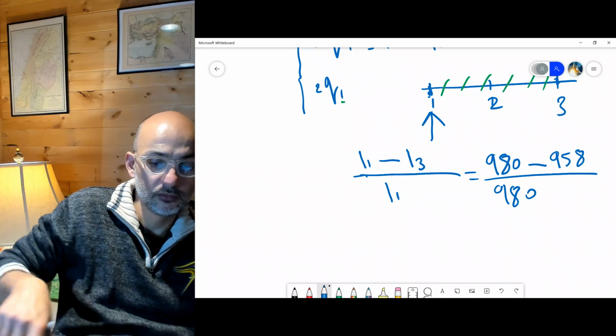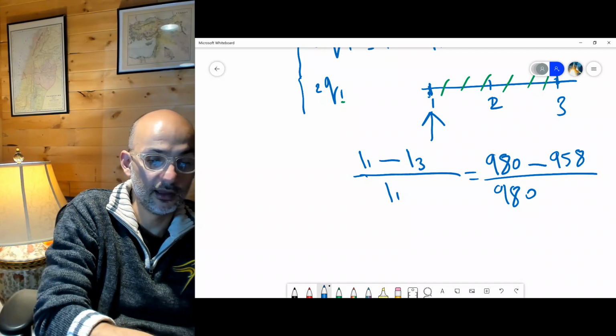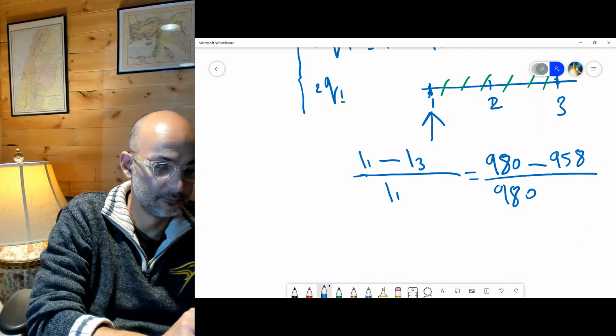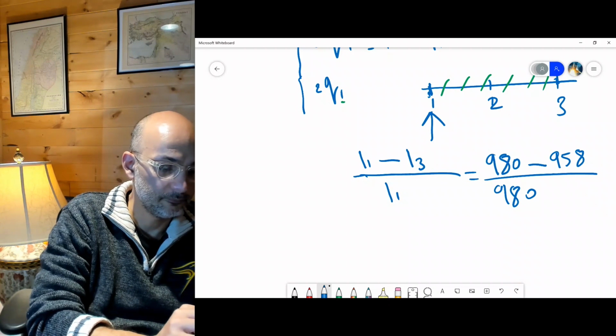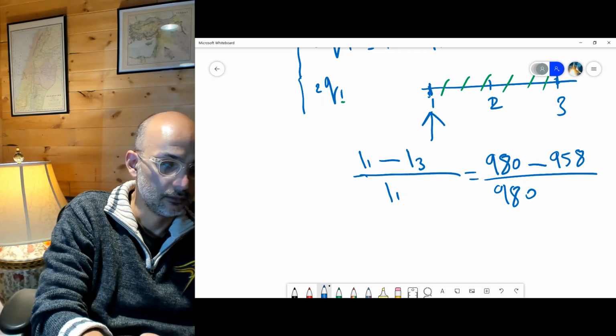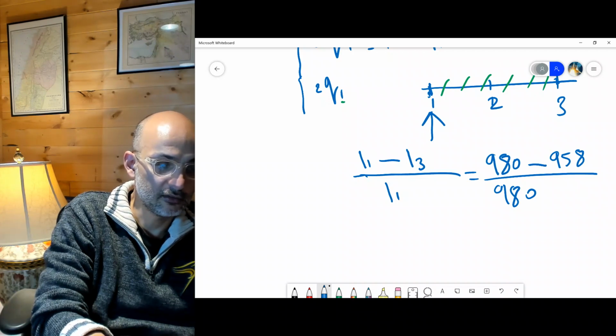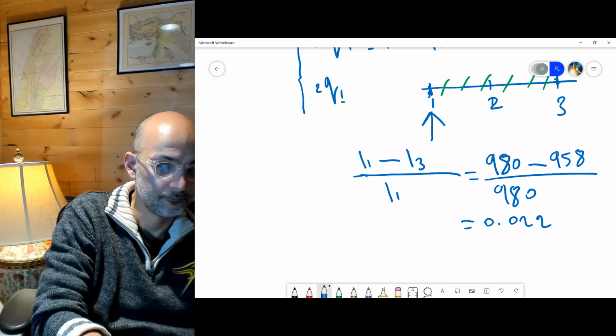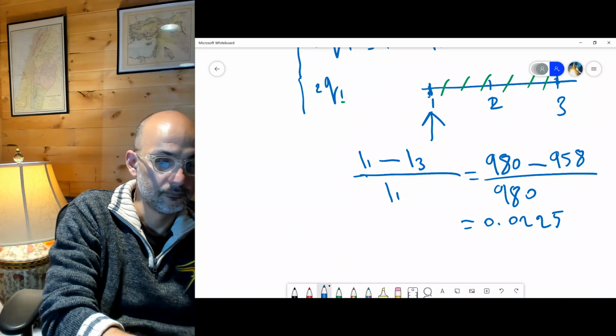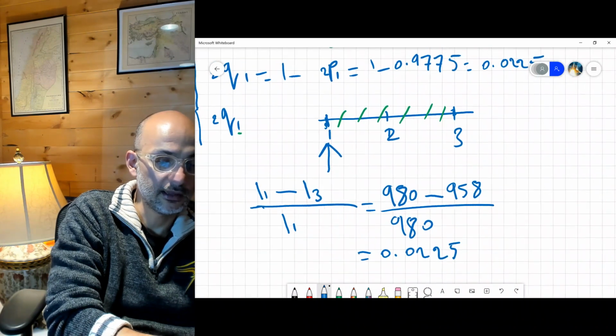If you do the same thing, you should get the same percentage. Let's do it again: 980 minus 958 is 22. So deaths are 22 divided by 980, which should give you exactly the same percentage.